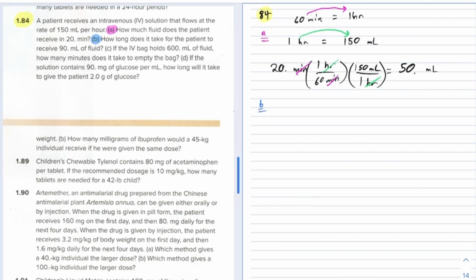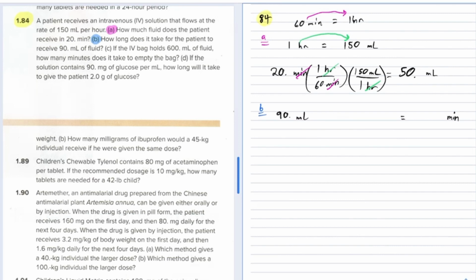If you got 90 milliliters of fluid and you want to figure out how long, so suppose you want to figure out how many minutes that's going to take. Well, again, we know that 1 hour delivers 150 milliliters, but you just want 90 milliliters. So it's going to take a little bit less than an hour. An hour will get you 150. So it'll just take a portion of an hour, maybe a certain number of minutes.